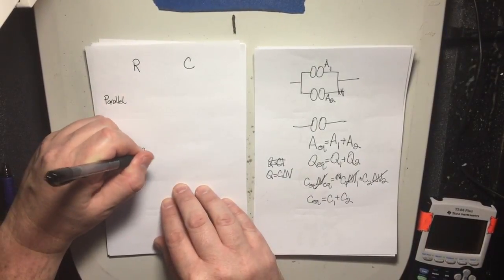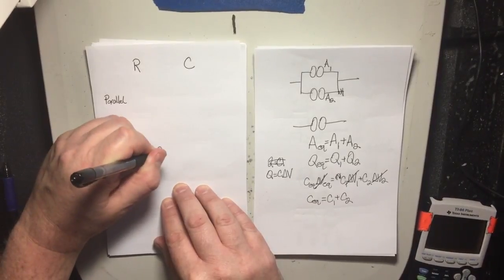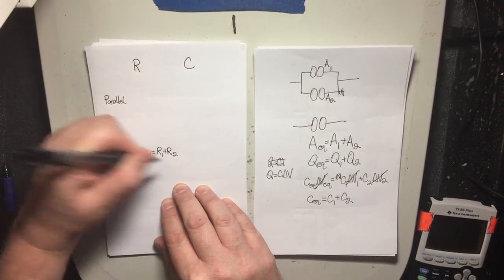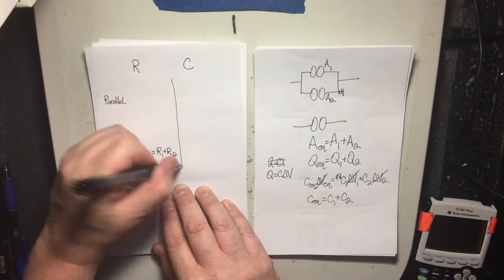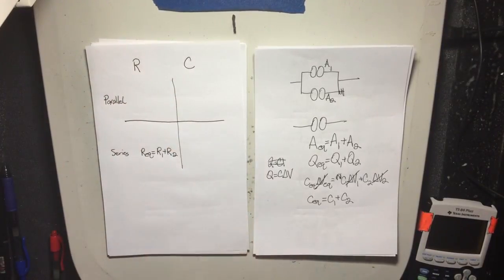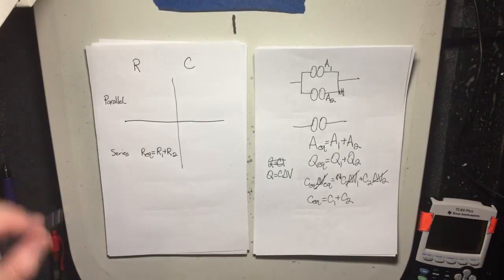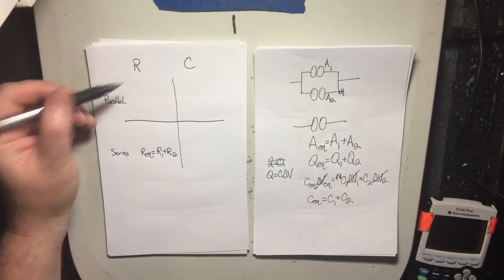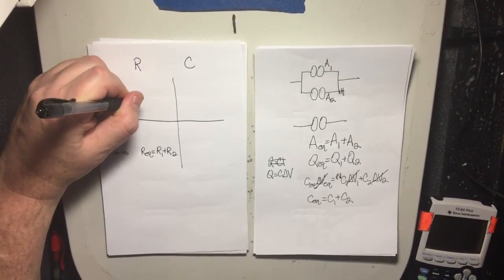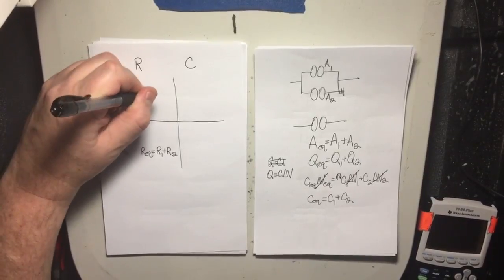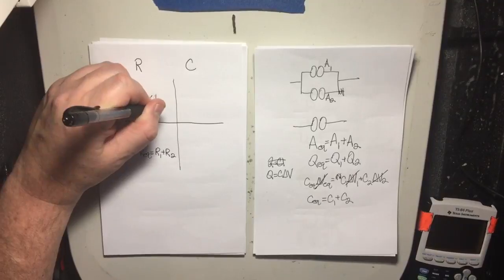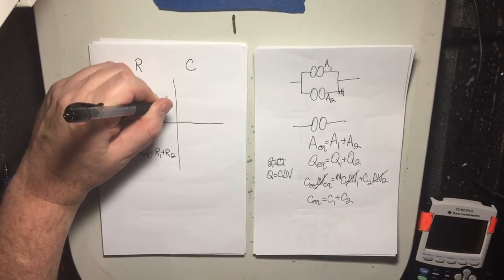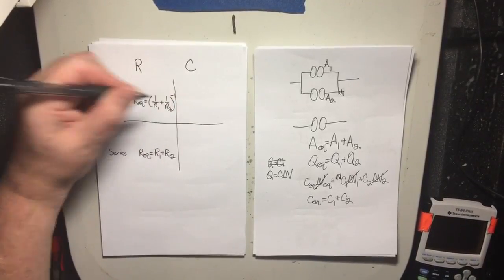So R equivalent is equal to R1 plus R2. And whenever you move from corner to corner on the square, you change the way the math works. Parallel resistors, R equivalent is equal to 1 over R1 plus 1 over R2, inverted.